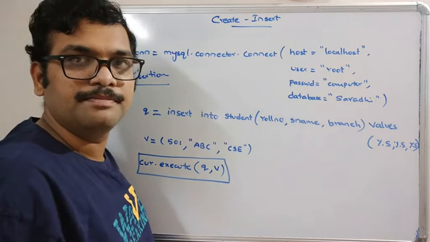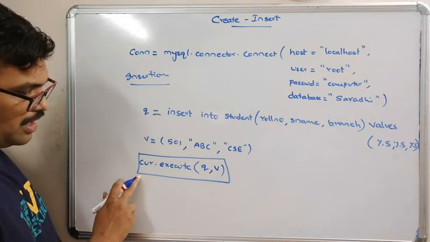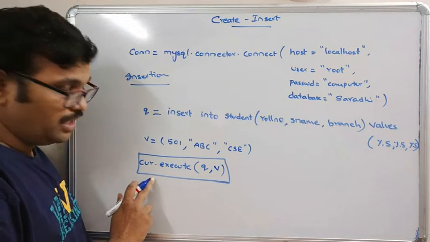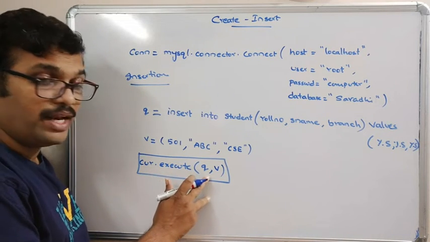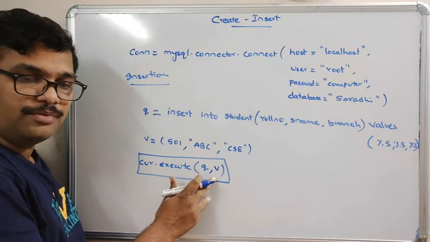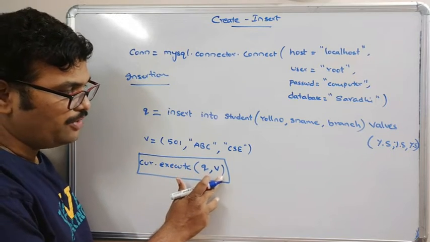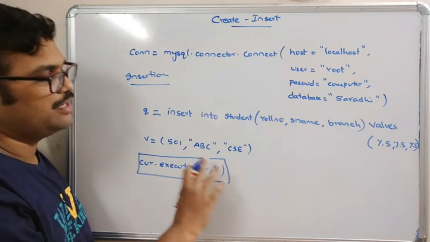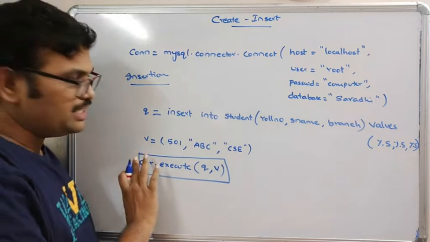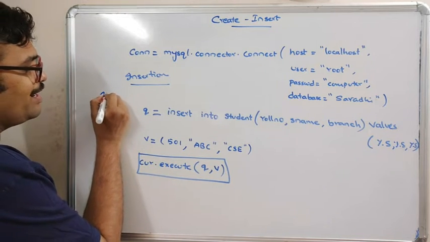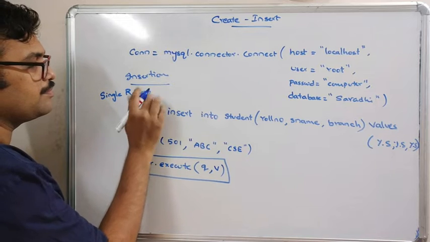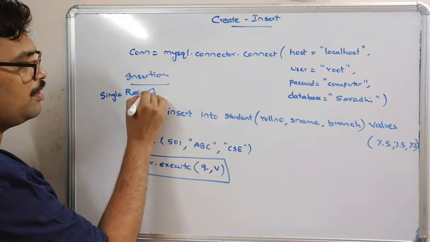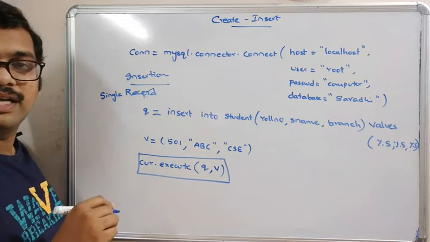So cursor object dot execute method, and here we need to give both the query as well as the value. This is how we can insert records into a database, and this is for a single record.